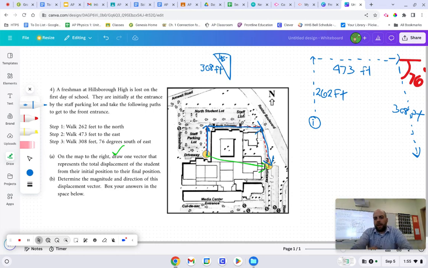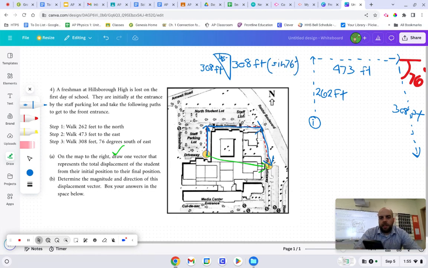If I think about that like the hypotenuse of a triangle, I can say, oh, that's 308 feet at an angle of 76 degrees. This side over here must be 308 feet multiplied by the sine of 76 degrees.